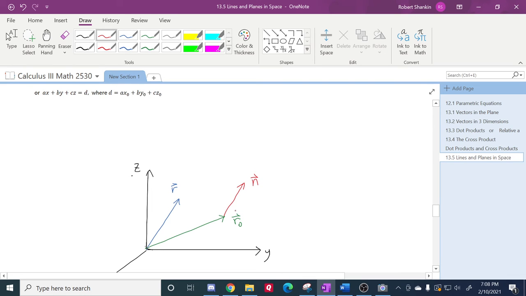Now, if I take the set of all points such that, let's go gray.